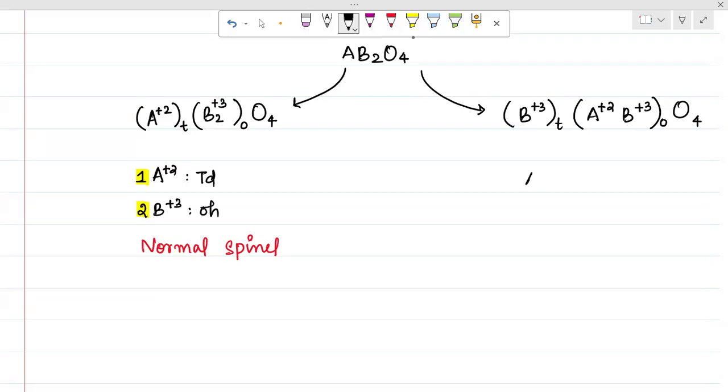So you have one A +2, which occupies the octahedral site, and two B +3, out of which one will occupy the tetrahedral site and the other one will occupy the octahedral site. If this is the case, such a spinel is called inverse spinel.